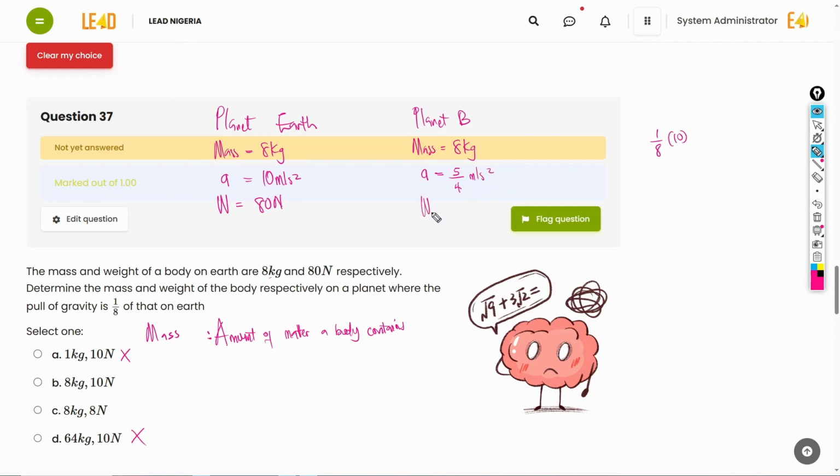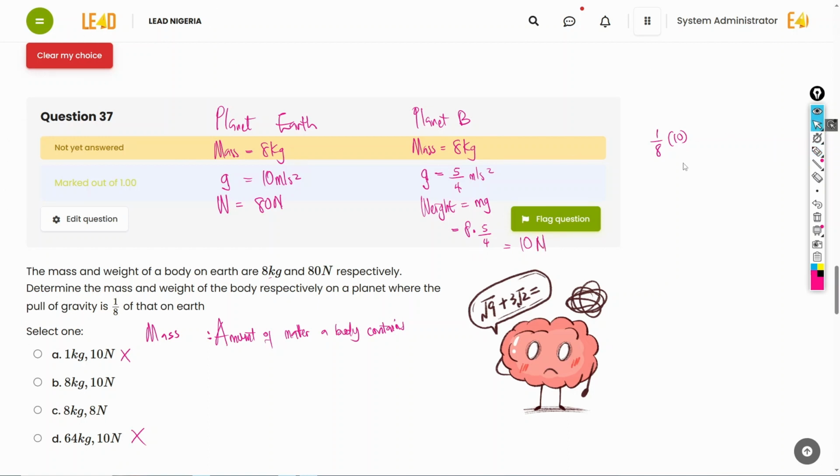So what's now the weight? We can still do W equals mg, which equals 8 times 5/4, which is just 10. So 10 newtons. The correct answer is B.